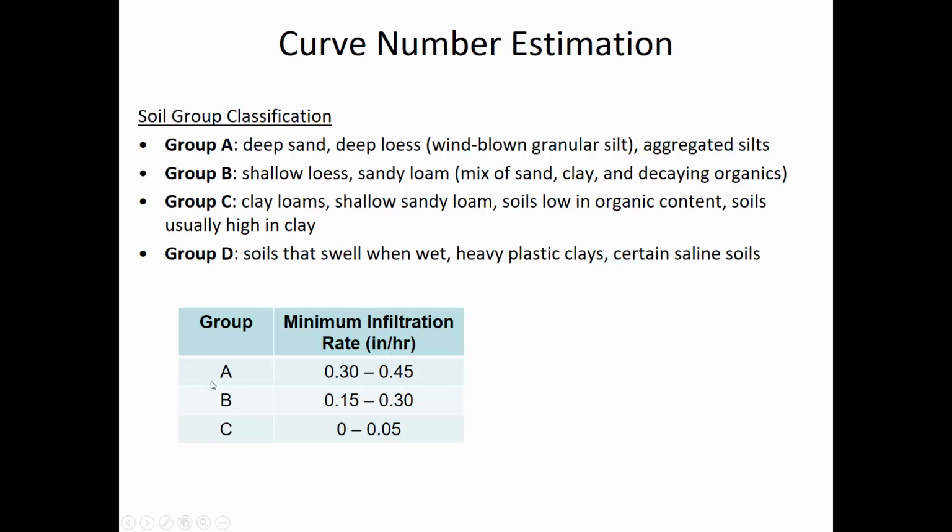So group A soils are defined as those that have a minimum infiltration rate between 0.3 and 0.45 inches per hour. Now, their maximum infiltration rates can be considerably higher than that, but their minimum infiltration rate is after all of the voids have been filled, after that initial suction pressure has decreased, essentially how much the soil is just draining by gravity. And so type A soils are usually very coarse sands, aggregated silts.